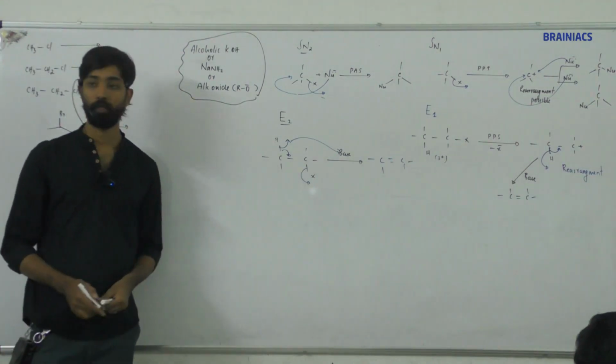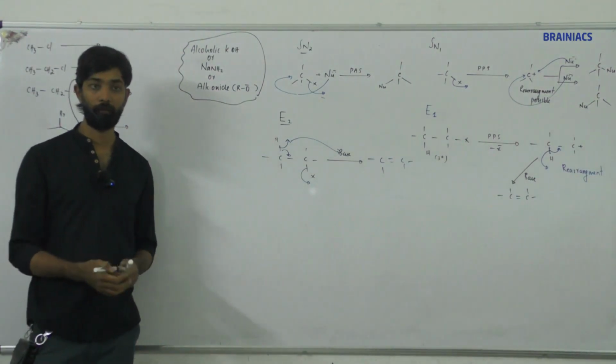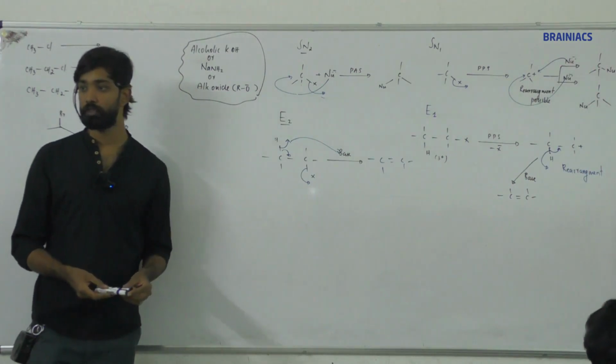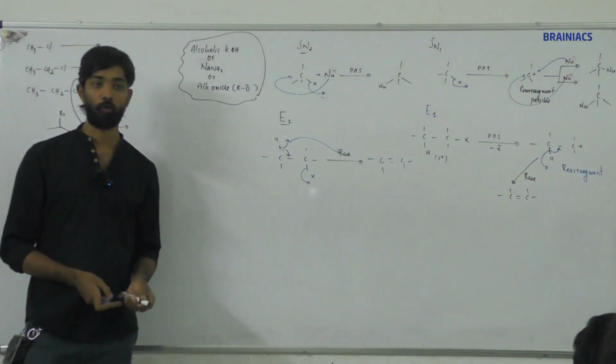Halogen and hydrogen should be anti-periplanar, which means they are in opposite planes.